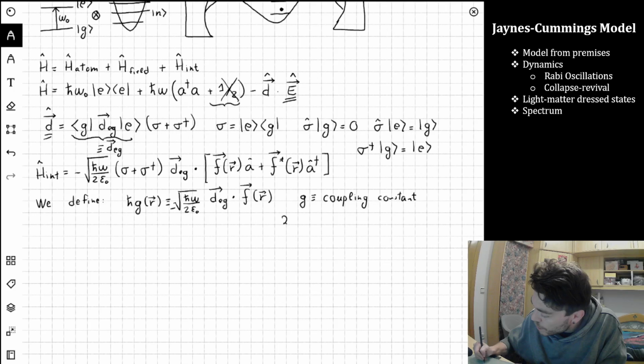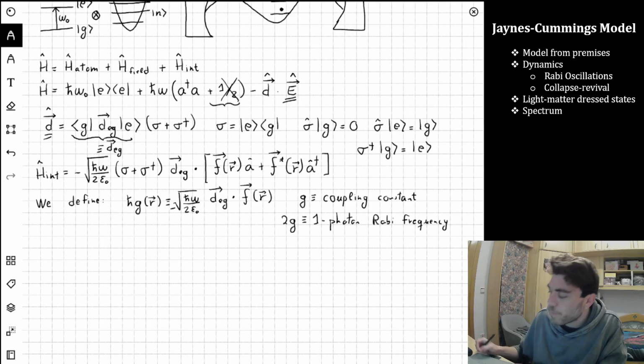And 2g, just for the sake of being complete, is called the one photon Rabi frequency. If you remember from the semi-classical model, we defined the Rabi frequency, and here this is called the one photon Rabi frequency in the quantized model, and the reason for that will become evident in the following.